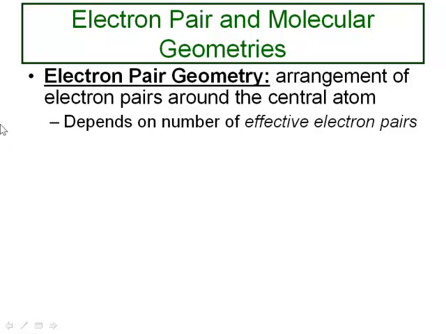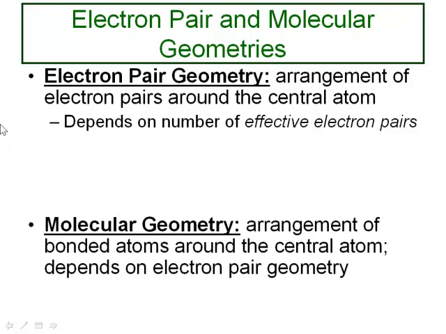Once we know what the electron pair geometry is, how these are distributed around the central atom, then we can figure out what the geometry of the molecule is. When I say molecular geometry, what this means is really the arrangement of the atoms in space around the central atom in the molecule, okay? This depends on the arrangement of electrons. Does that distinction make sense?